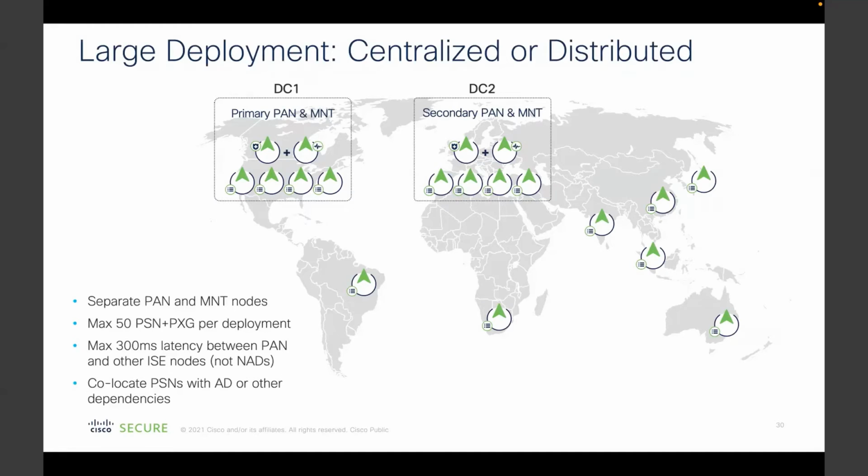But be aware that if you do distribute it, those WAN links going across the oceans may be slow depending upon what kind of WAN links you buy. And if it's greater than 300 milliseconds, that's not going to work. Eventually, that node would become out of sync. It wouldn't be able to keep up with the replications and changes, and it wouldn't work very well. So you need to have that 300 millisecond or less latency between the nodes.